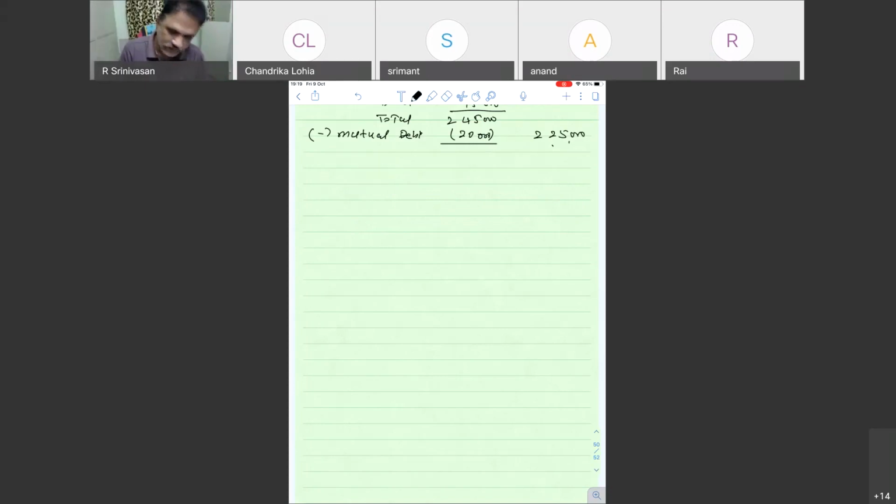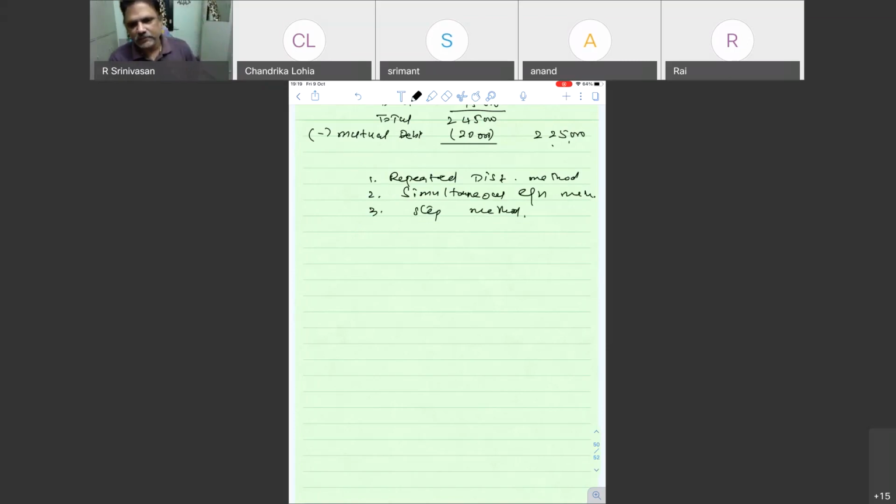Here, different methods we have used, you must be knowing. One is the repeated distribution method, and the other is the step method.